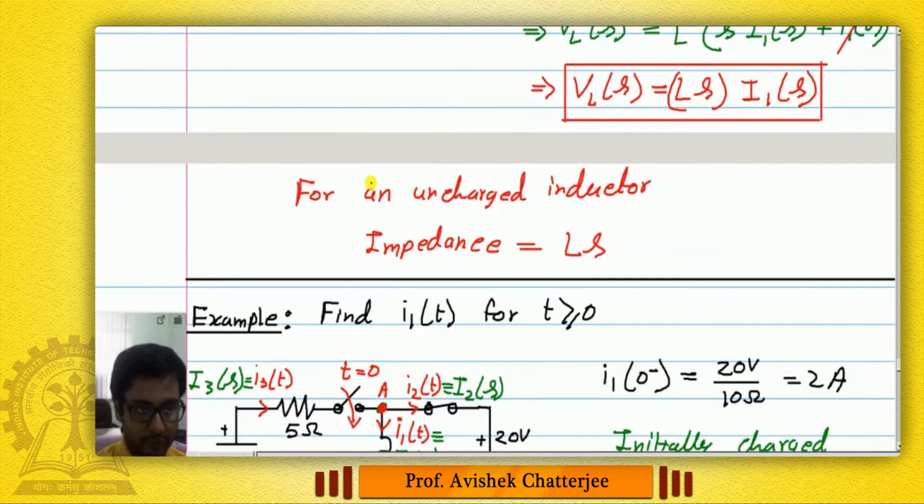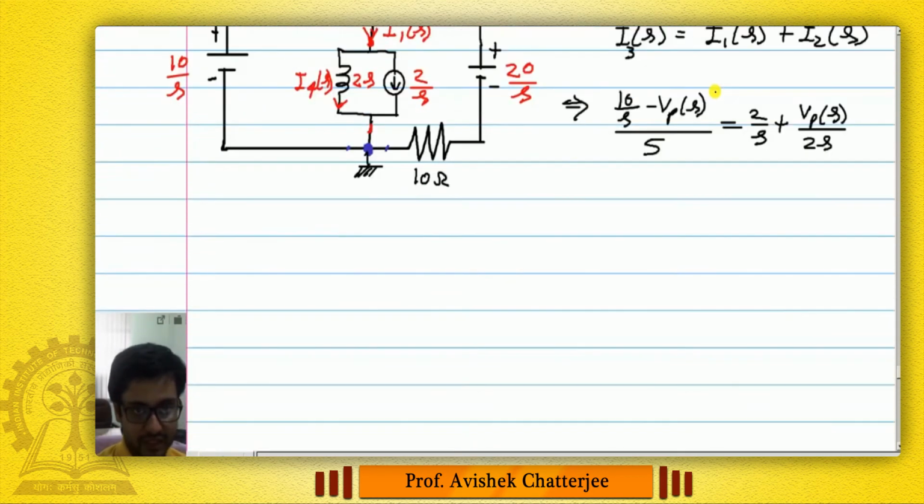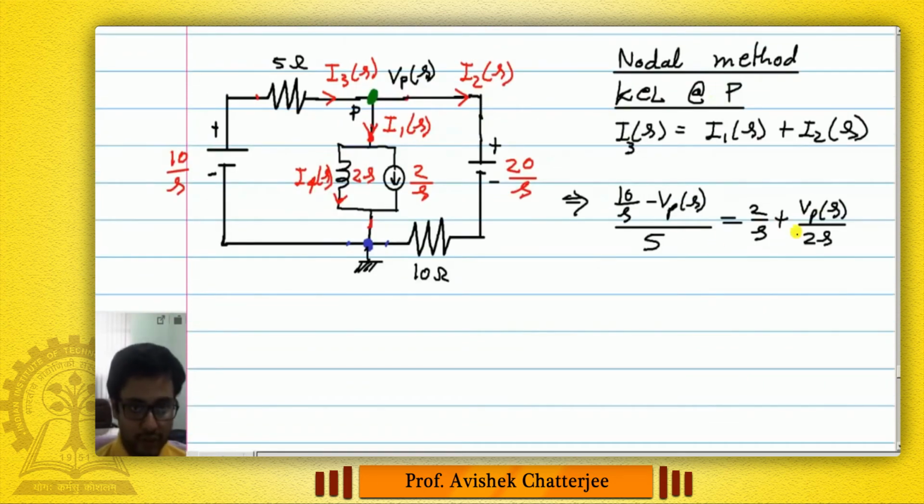That is what we have seen here. See this equation: for an uncharged inductor, the relation between the Laplace transform of the voltage and current is exactly like Ohm's law, with Ls acting as the impedance. So this is I4 plus 2 by S. Together this is I1 plus I2.